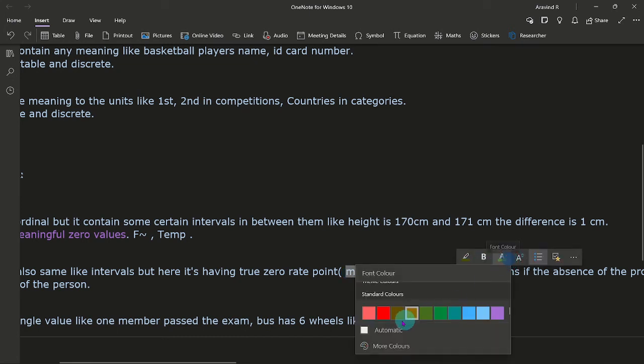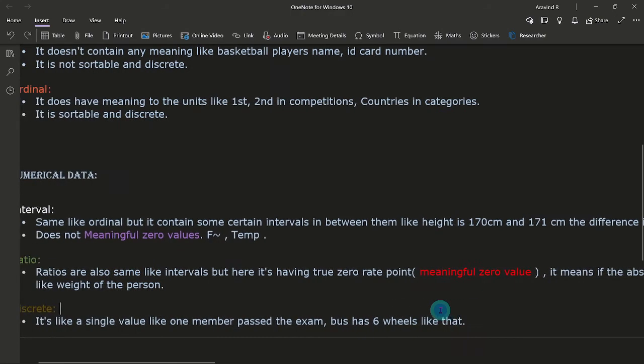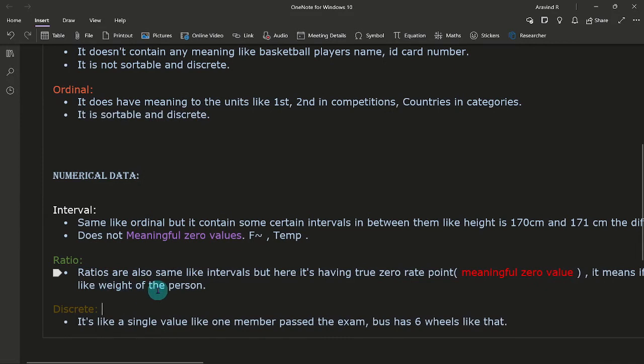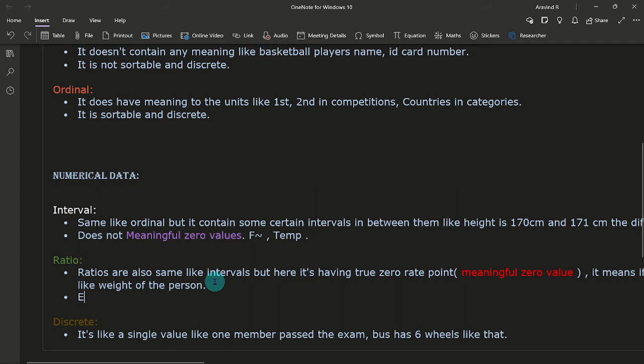You may still be confused about what zero means. Let me explain. It means the absence of the property, like the weight of a person. First, I will give you an example of ratio data. My weight is 72. Then can I tell you my weight is 0.2?